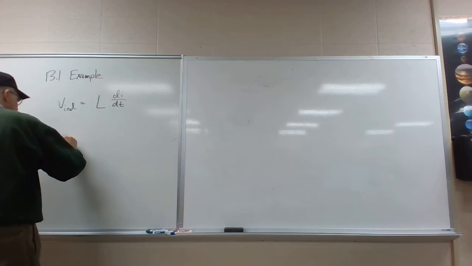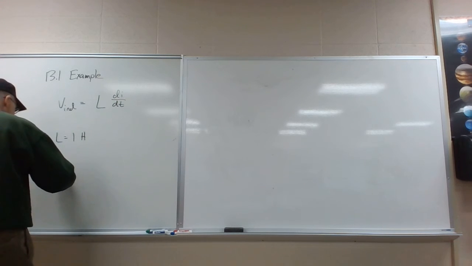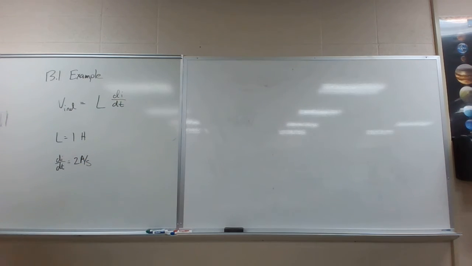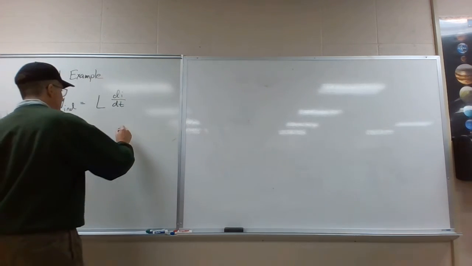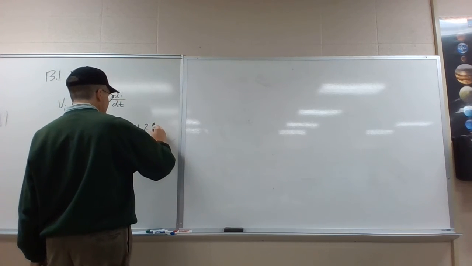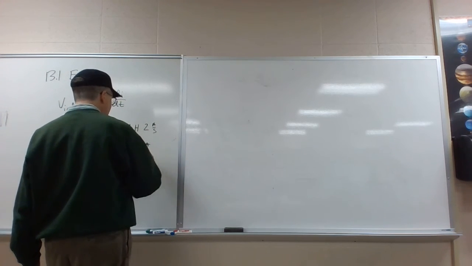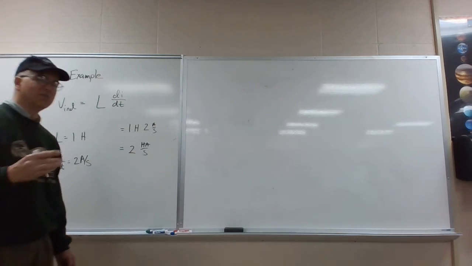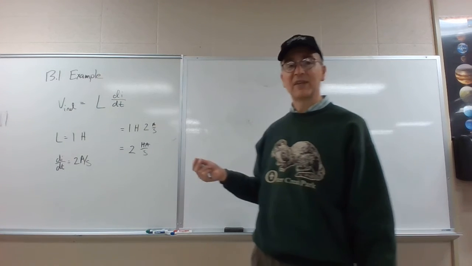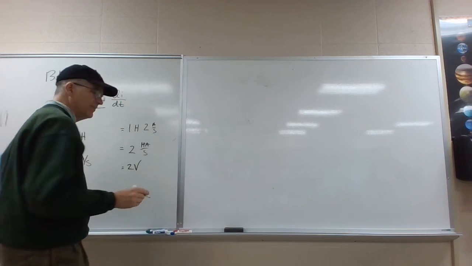So your inductor is 1 Henry, and di dt is 2 amps per second. So this will be 1 Henry times 2 amps per second, which is 2 Henry amps per second. And if you remember from before, a Henry is a volt per amp per second, so that leaves us with volts. And so that's 2 volts.